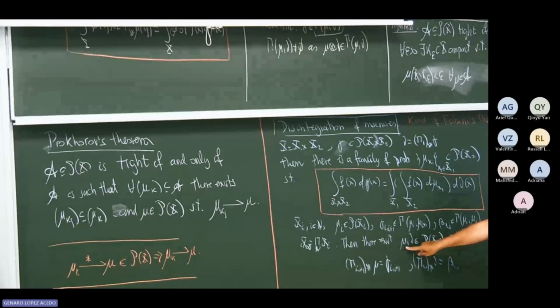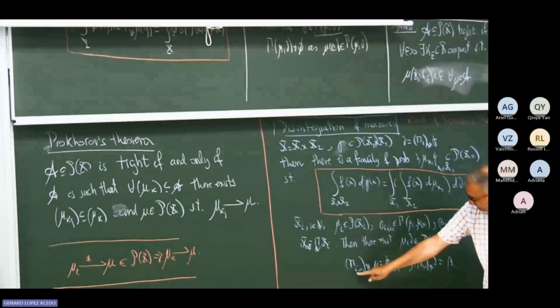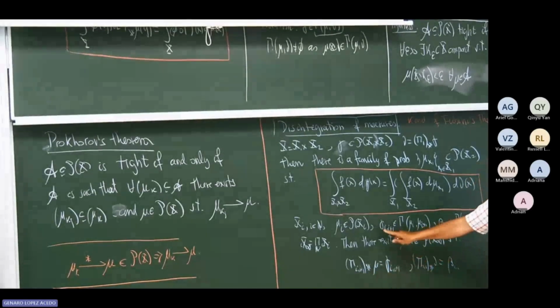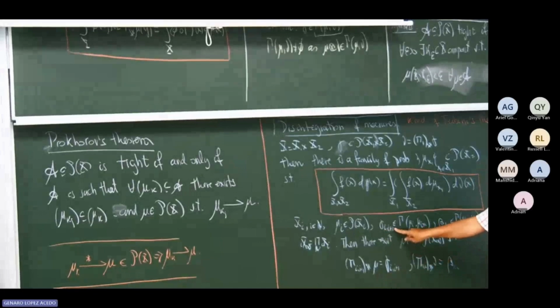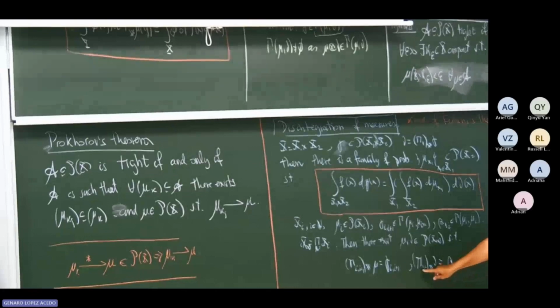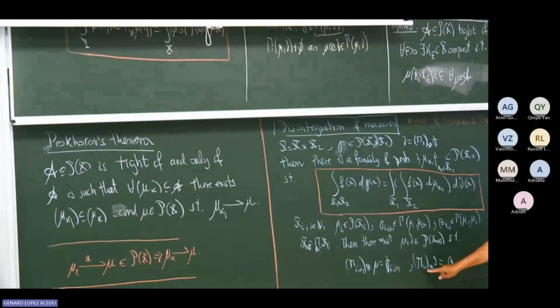I mean, if we consider the marginal for the coordinates i and i plus 1, then we find the coupling we were working with at the beginning. If we consider the marginal in the coordinates 1 and i, then we find this other coupling that we had to begin with. So that's what makes it possible to solve that kind of problem in this theory, right?